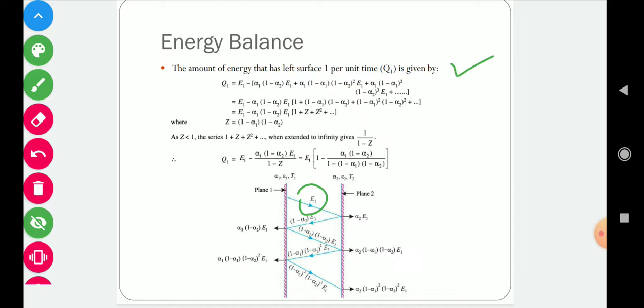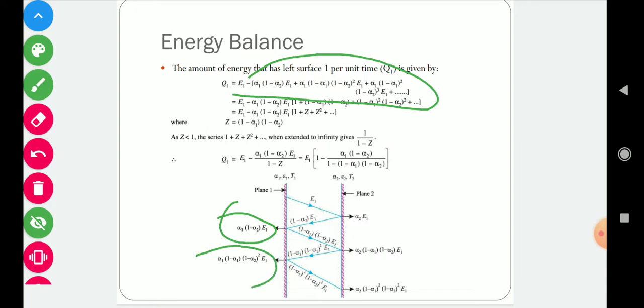So this amount of energy is emitted by surface 1, but this plate also gains energy due to multiple reflection. So these are the amount of energy gained by plate 1, and this one is the amount of energy lost by the plate. So the total energy balance is the amount of energy lost, this E1, minus the amount of energy gained, that is the summation of all these quantities.